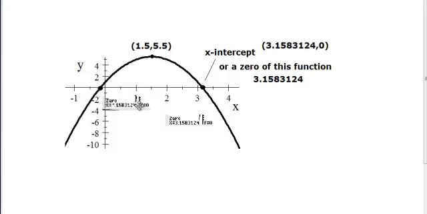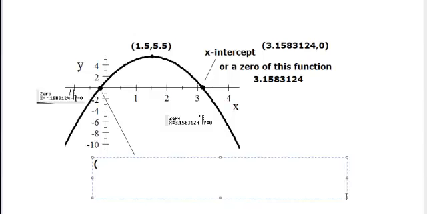So for this point here, what we have is negative 0.1583124 and then 0, right? You write the full equation out.